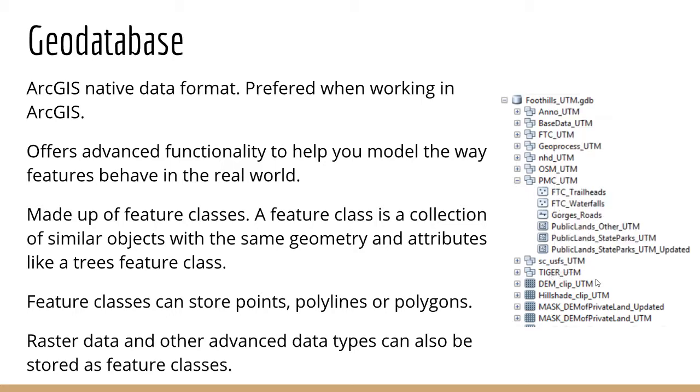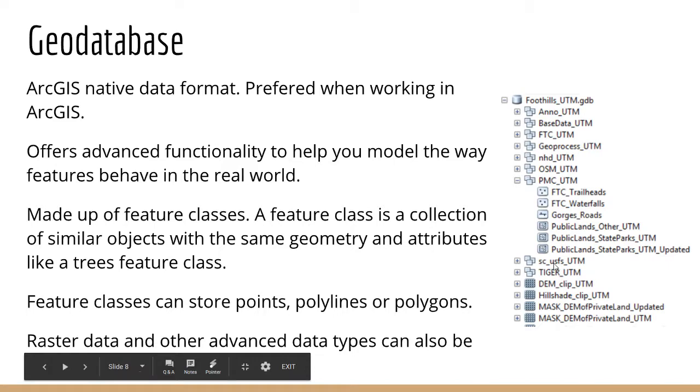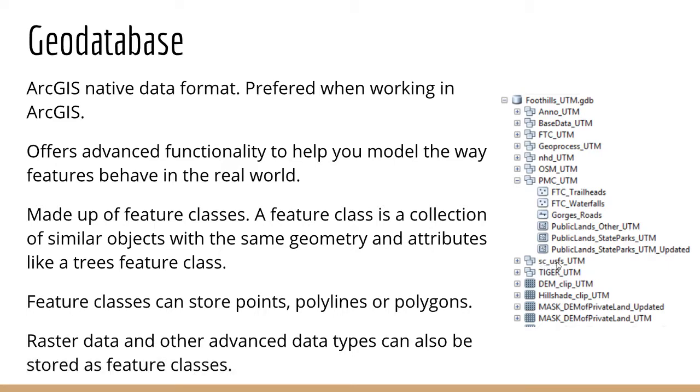It's census data. I've got some stuff from the United States Forest Service in South Carolina. OpenStreetMap is OSM. PMC is my stuff that I built out from other sources. National Hydrology Dataset, Foothills Trail Conservancy. So all of these feature classes are organized into feature data sets to help me better manage them.